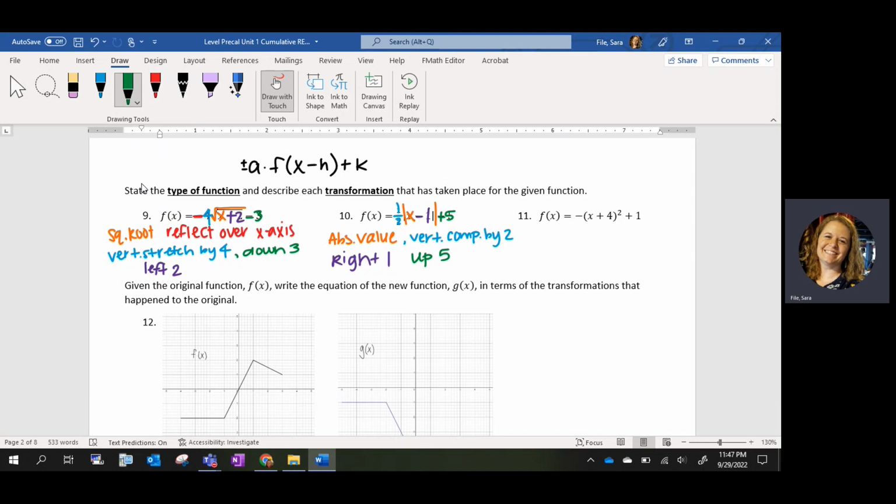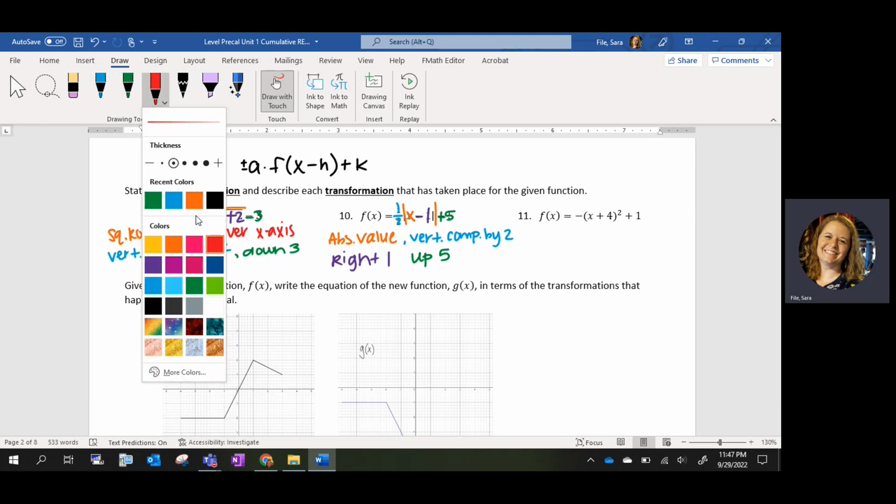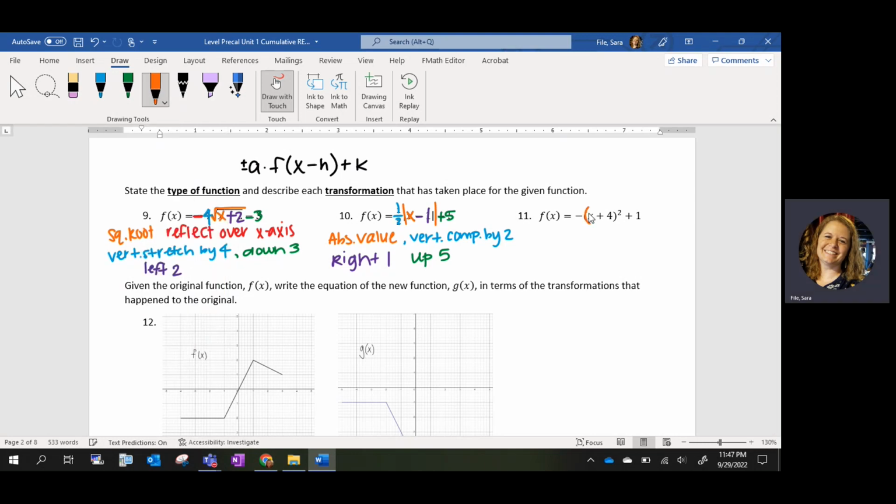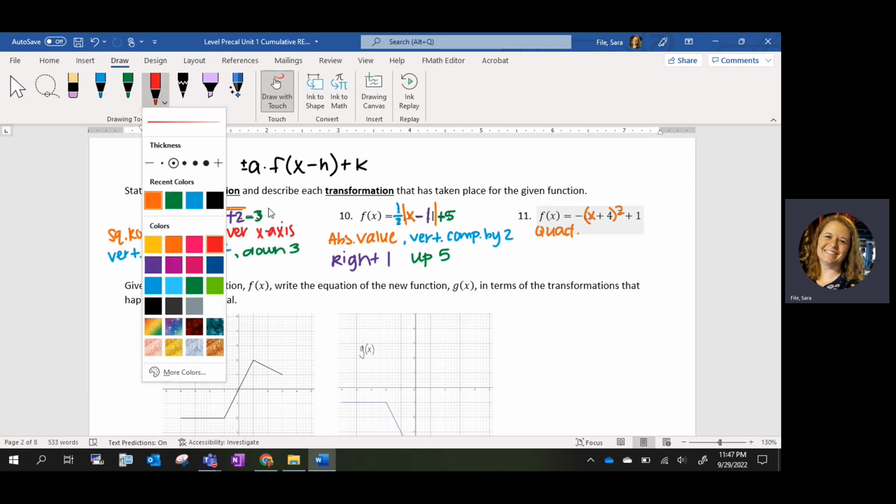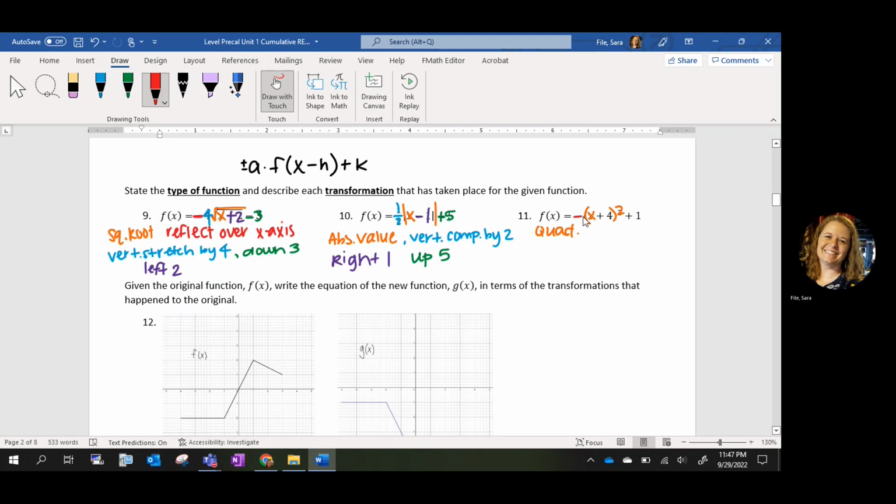All right, and then on 11, we've got the parent function is x squared. So this is the quadratic function. And let's talk about what's happening to it. This one does have a negative on the outside. So this is, again, a reflect over the x-axis.